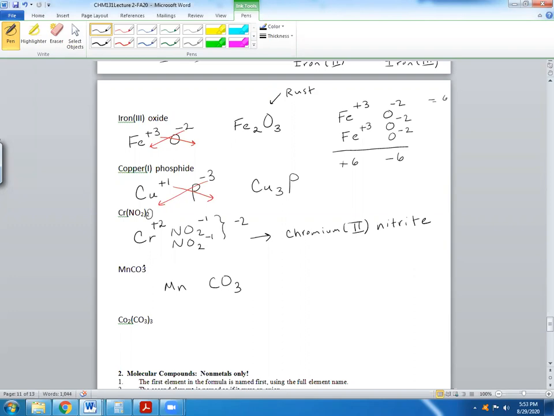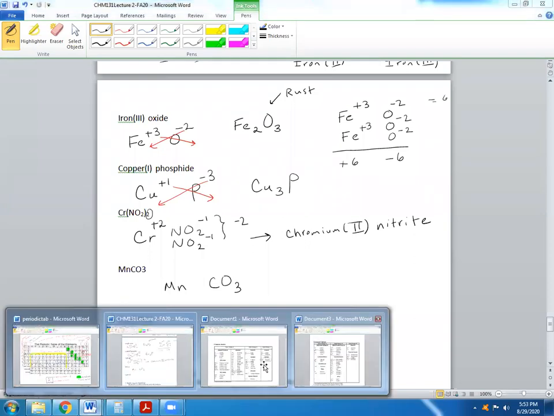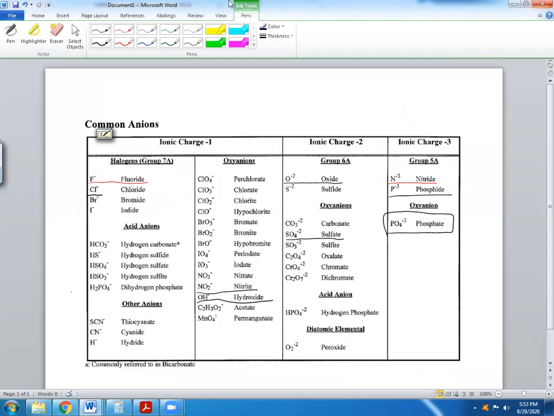You have C and O, those are on the right side of the periodic table. So just separate your metal, that's manganese, from the nonmetal, and then look up the charges. So here we go. So we go and find CO3. It's right here. Has a -2 charge, and it's called carbonate.